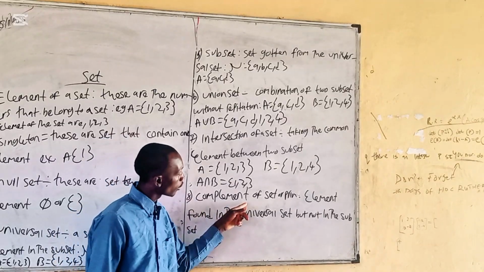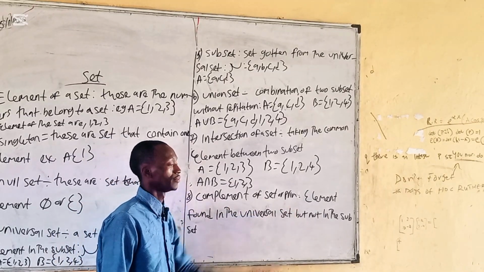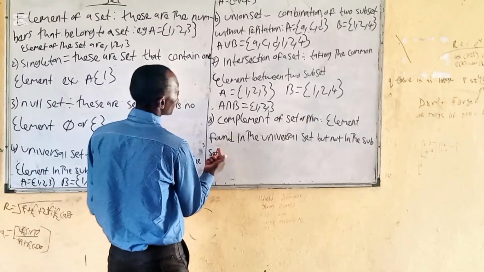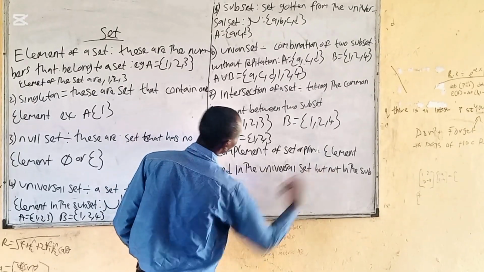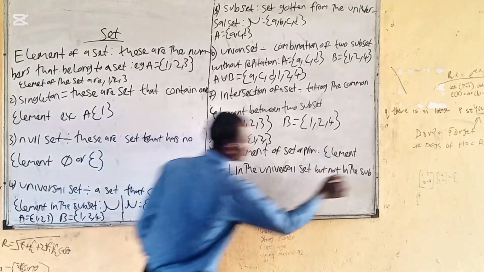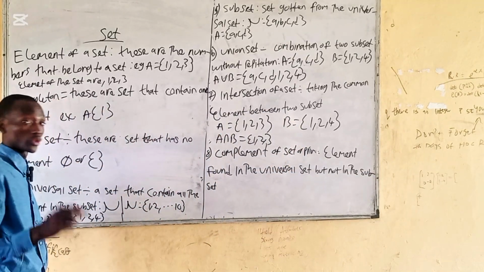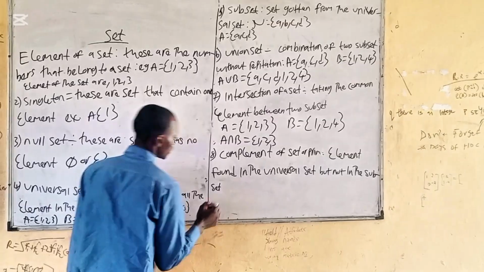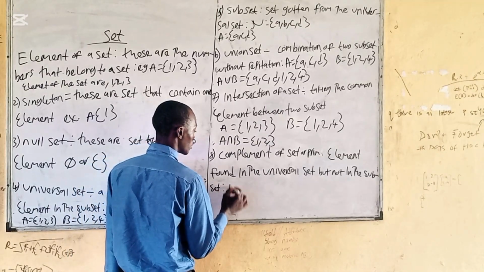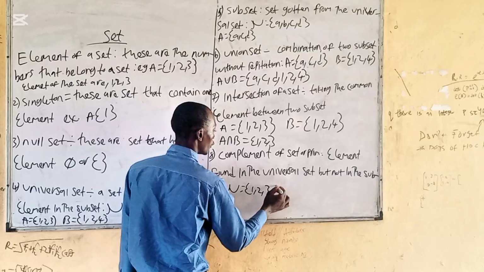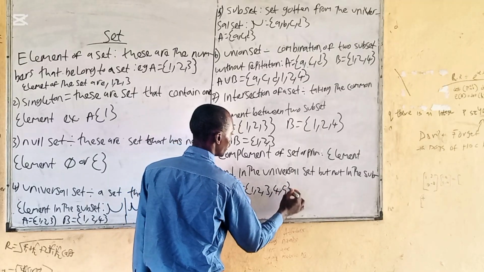Then the complement of a set, or A prime. The complement of a set is the elements found in the universal set but not in the subset. Now let's take an example. The universal set is 1, 2, 3, 4, 5.